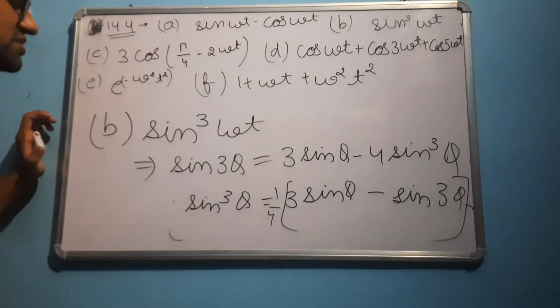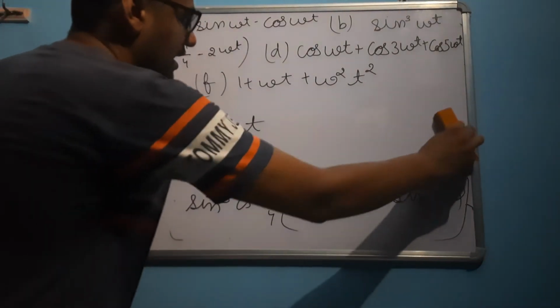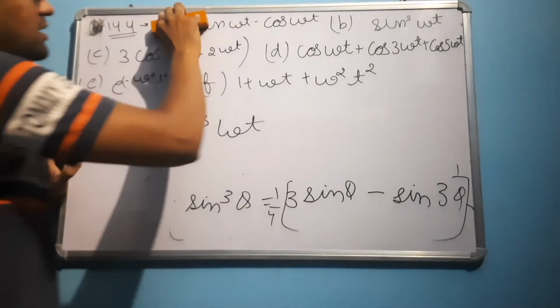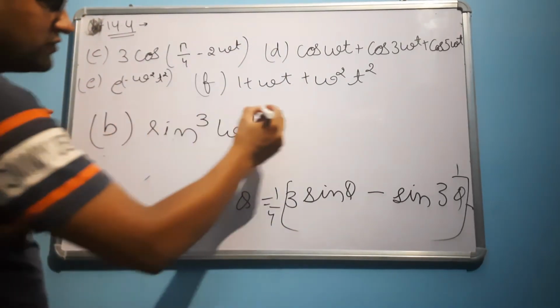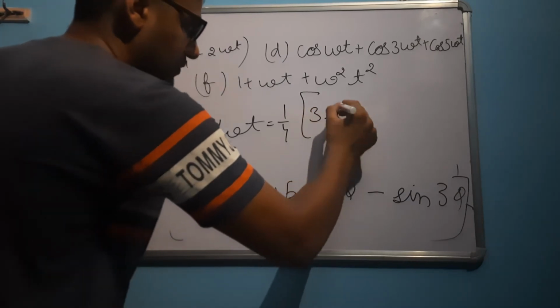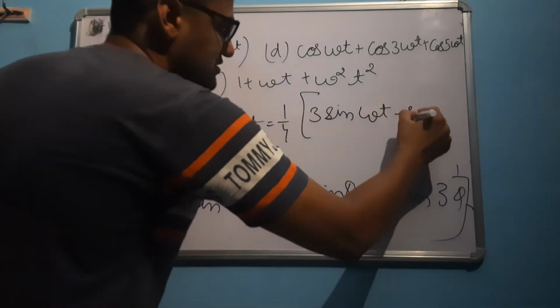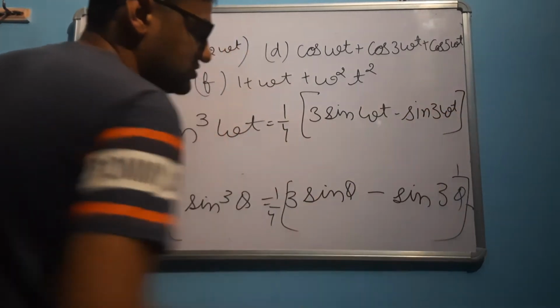Now write sin cube omega t in this form and we will be near our answer. It will be 1 by 4 times 3 sin omega t minus sin 3 omega t.